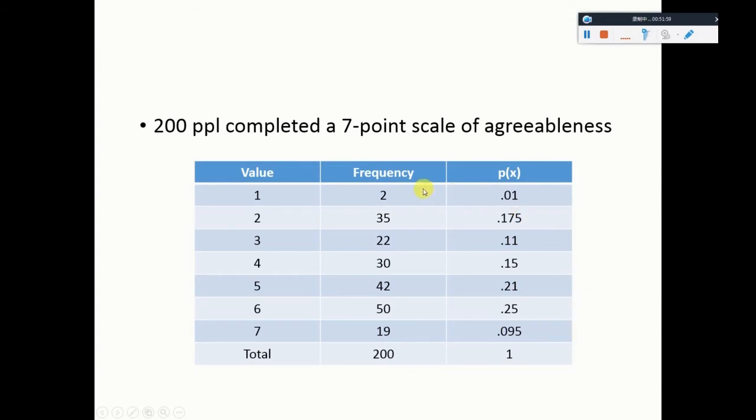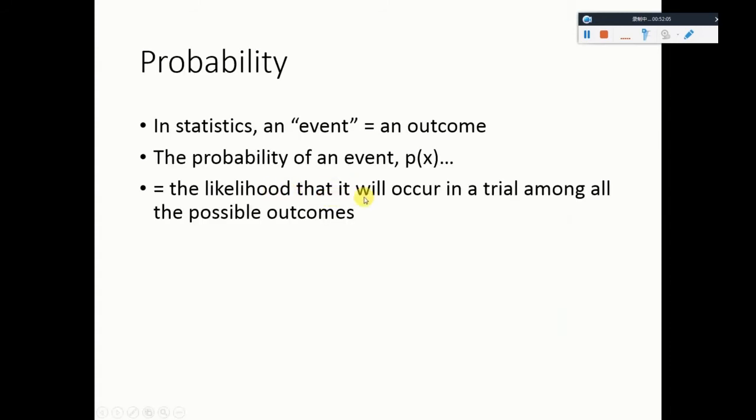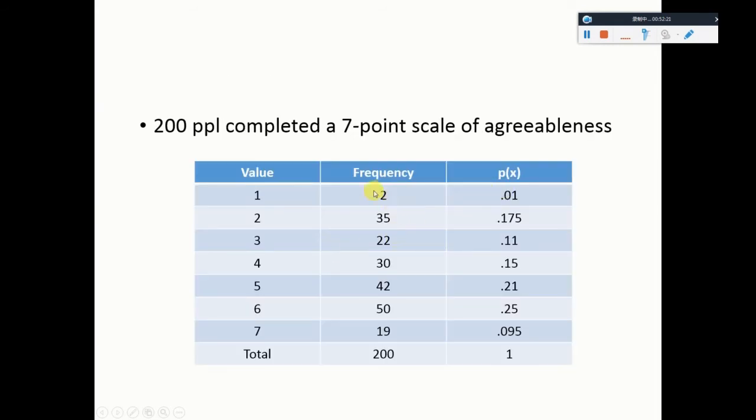And then we can calculate the probability, that is, the likelihood that a particular event, a particular outcome, is observed in a trial, among all the possible outcomes, when we throw the dice 200 times. So this is our observed occurrence of an event in a trial of 200 throws.